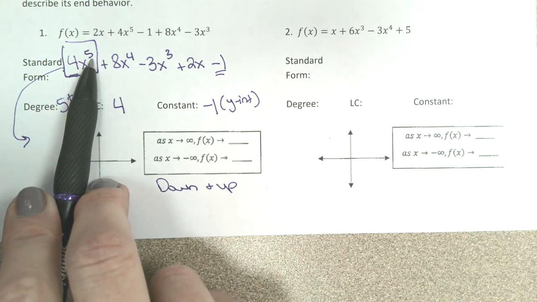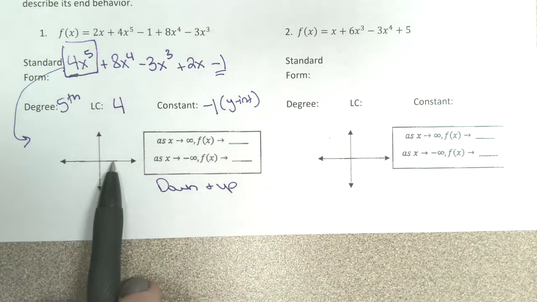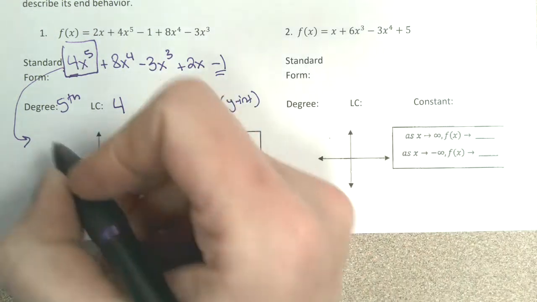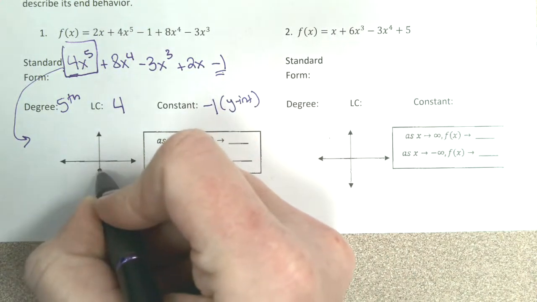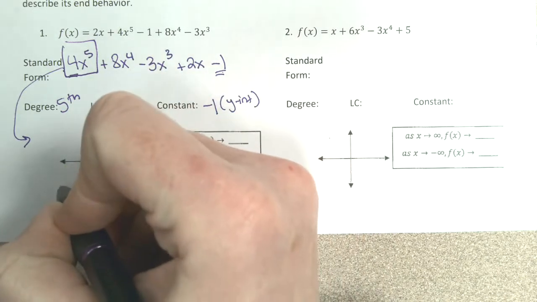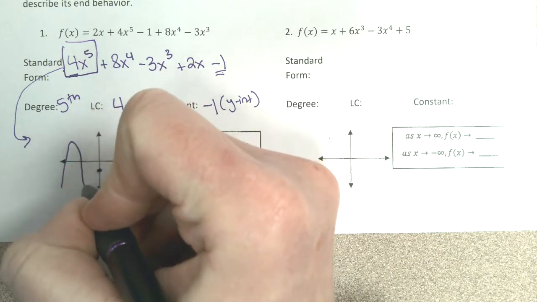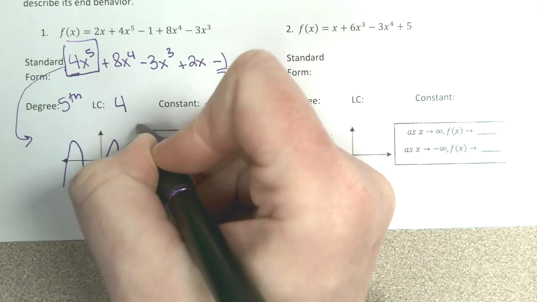That 5 means you have at most 5 zeros. All right, so it goes down, and let's see, that -1 means that I have a y-intercept right there. All right, at most 5 zeros. 1, 2, 3, 4, 5.